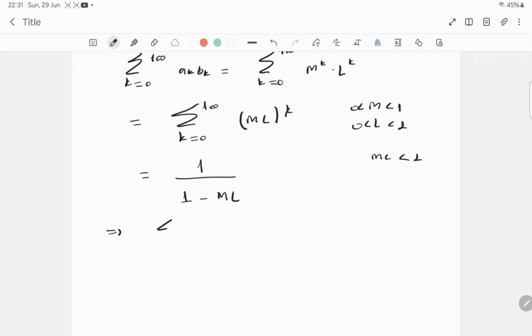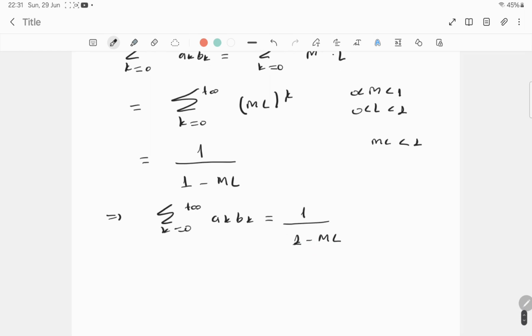So the left hand side of the inequality is 1 over 1 minus ml. And the product ml should be different than 1.